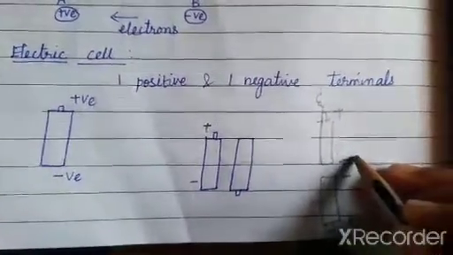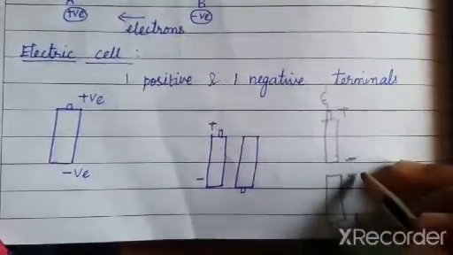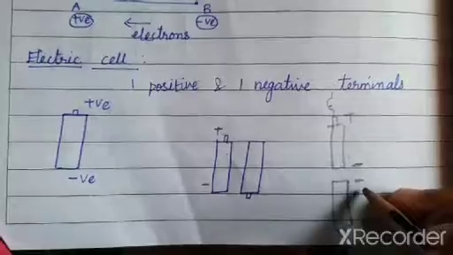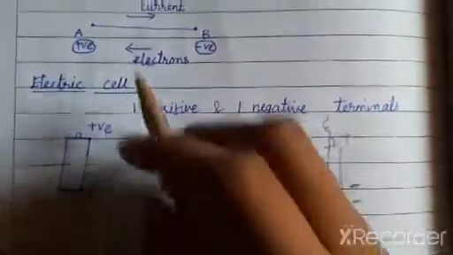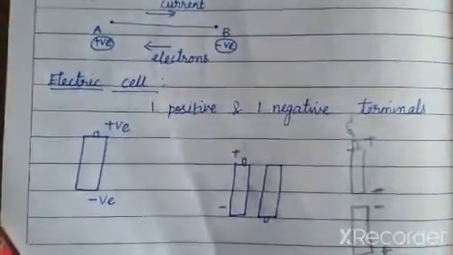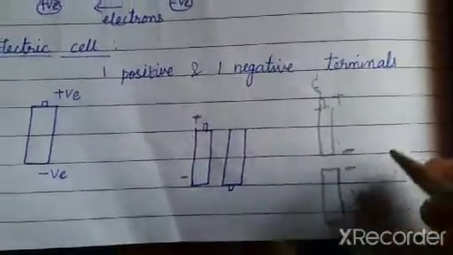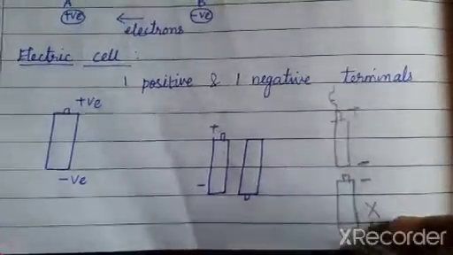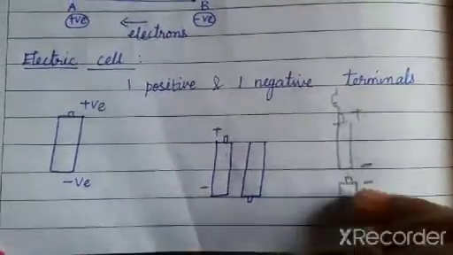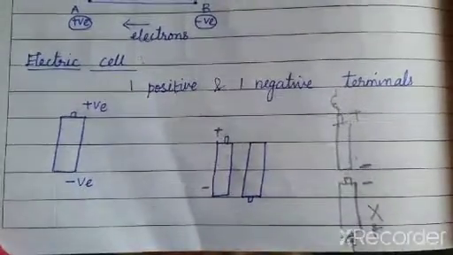Because the two same charges, negative and negative, will not allow the current to flow through. We always want the current to flow from the positive to the negative end. So we should not put the cell in the reversed form like this. Instead, I should connect the positive end here and the negative end on the other side, connected to the spring of the torch.